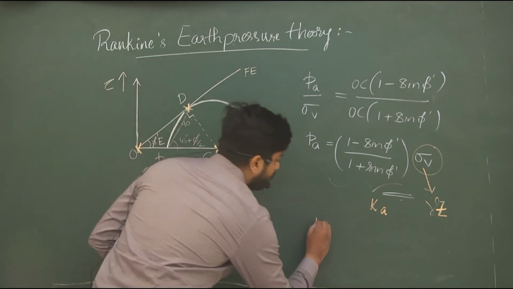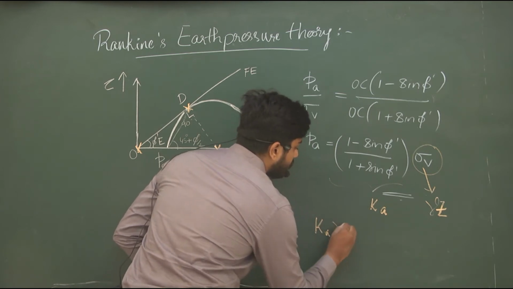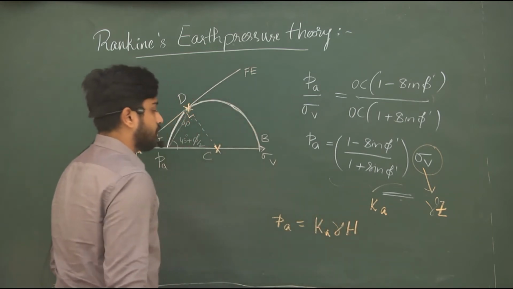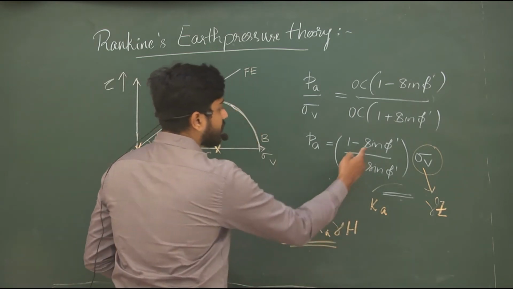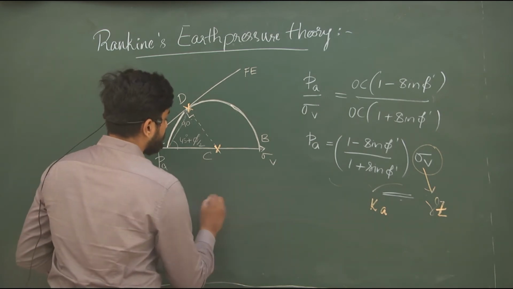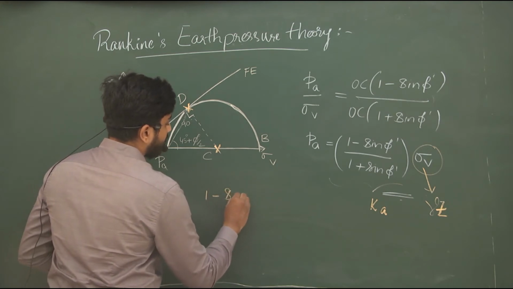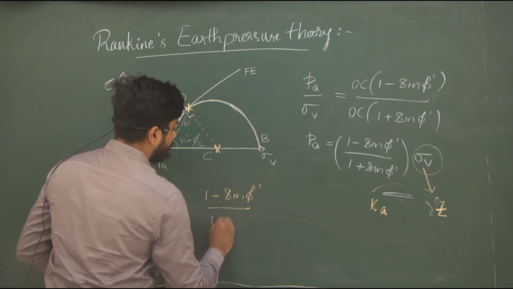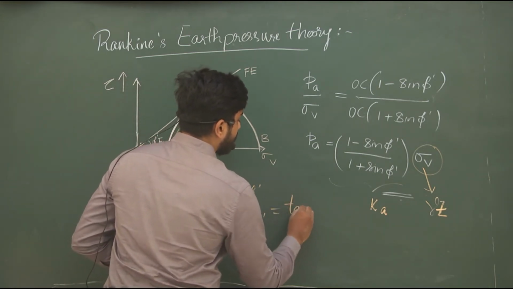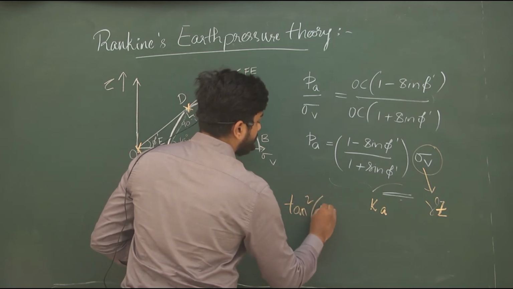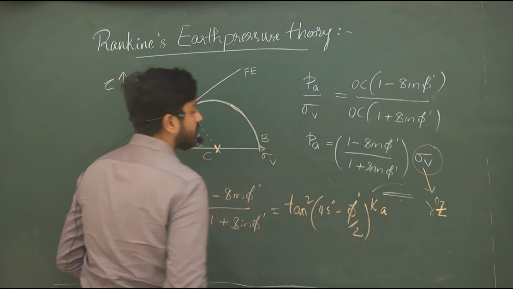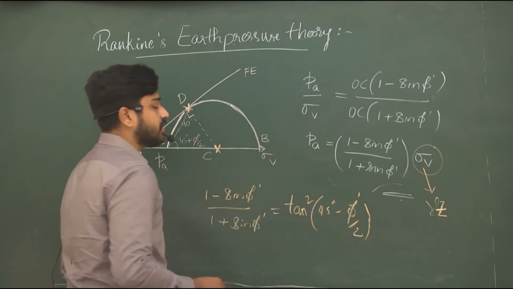Therefore I can write down Ka into gamma into H as my earth pressure, where Ka is 1 minus sin phi dash by 1 plus sin phi dash, which is equal to tan square of 45 degrees minus phi by 2.